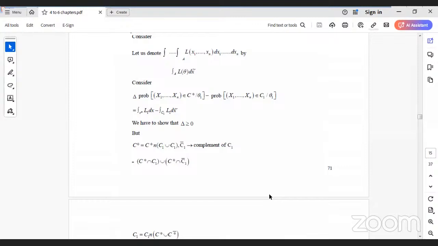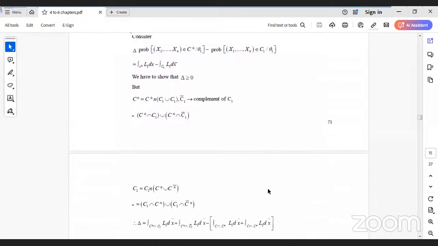C star is equal to C star intersection (C1 union C1 bar), where C1 bar is the complement of C1. So C star equals (C star intersection C1) union (C star intersection C1 bar).